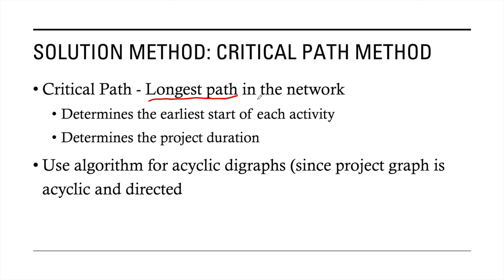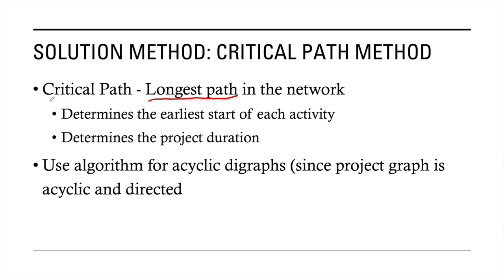And because we need all activities to be done for us to be able to say that the project is finished, the shortest path will not give you the project duration. In this case, getting the longest path, the path that will take the longest, will tell you how long the project duration is, because given that this is the longest path, the other paths in the graph will be done as well. And in this case, the longest path is called the critical path.